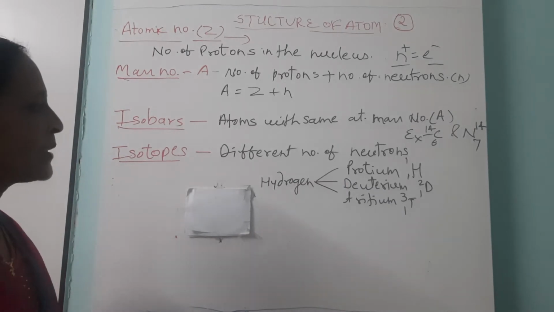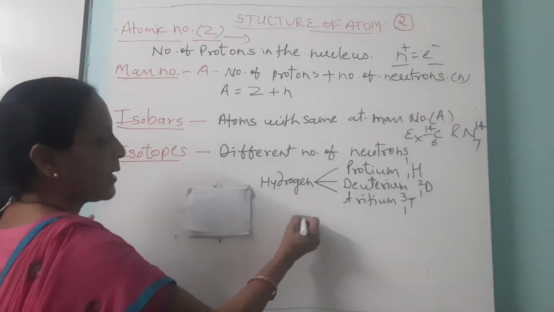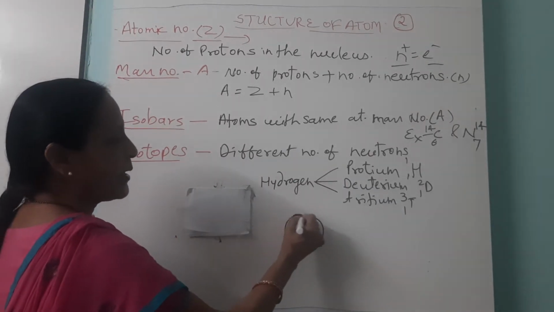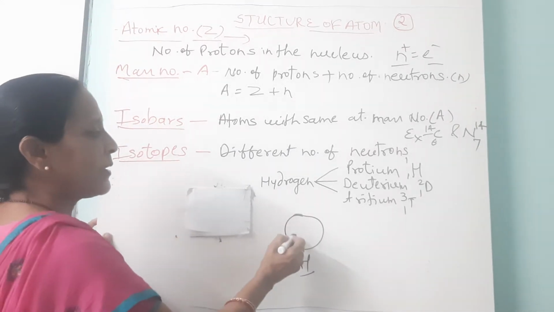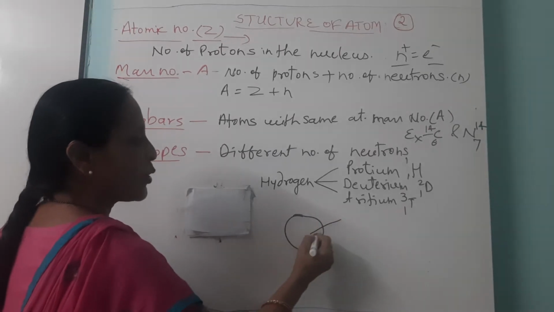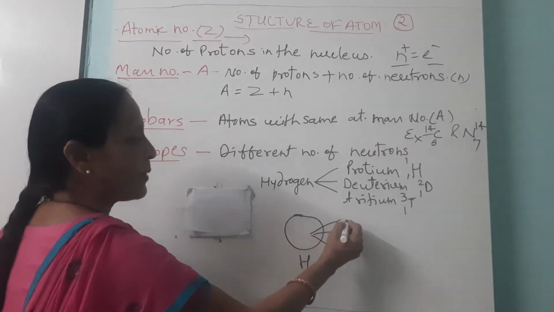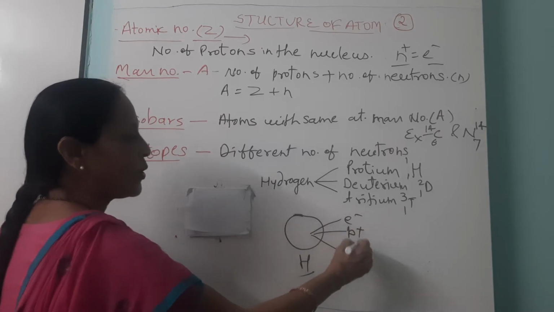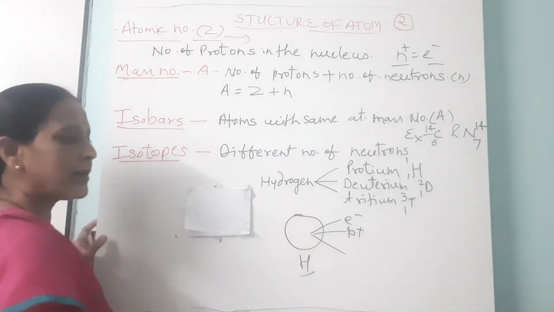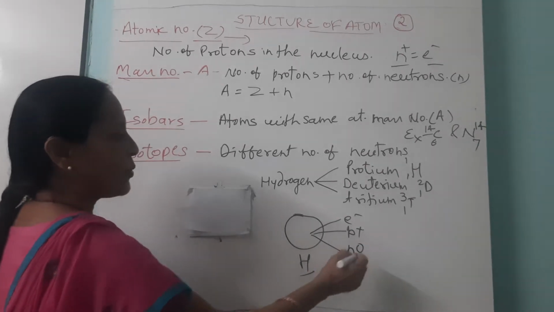So at last we got that in an atom, suppose here I am considering a hydrogen atom, there is presence of three types of subatomic particles: electron, a negatively charged particle; proton, a positively charged particle; and neutron, neutral.